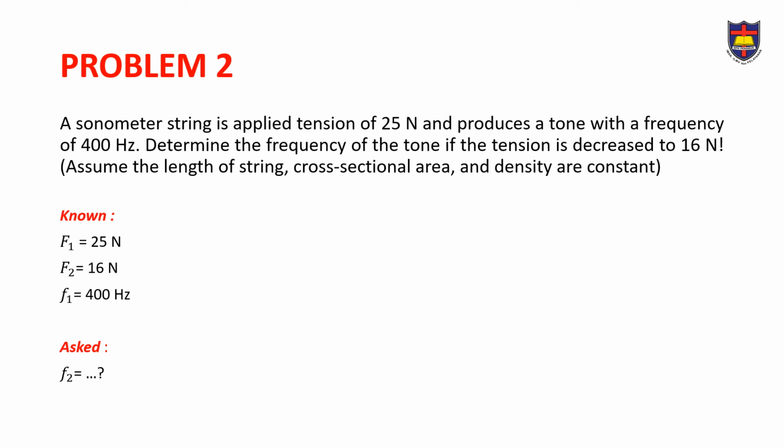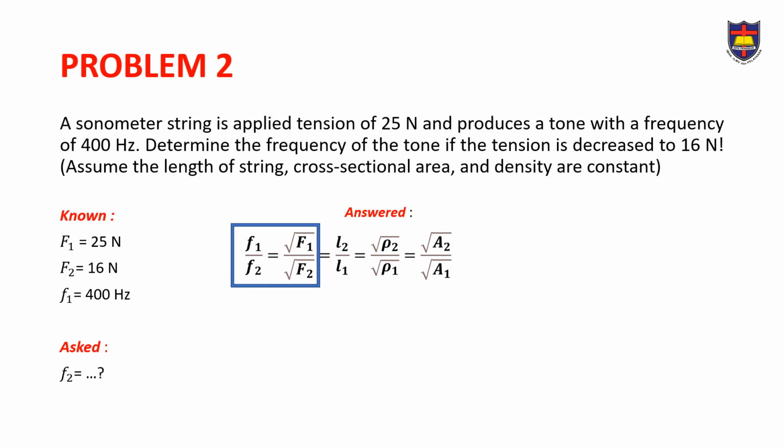Alright, to find out, we can use this formula. Because the length, cross-sectional area, and density are constant, we only need this part. So we can substitute the numbers into the formula: 400 over f2 equals the square root of 25 over the square root of 16, we get 400 over f2 equals 5 over 4. 400 divided by 5 is 80, right?